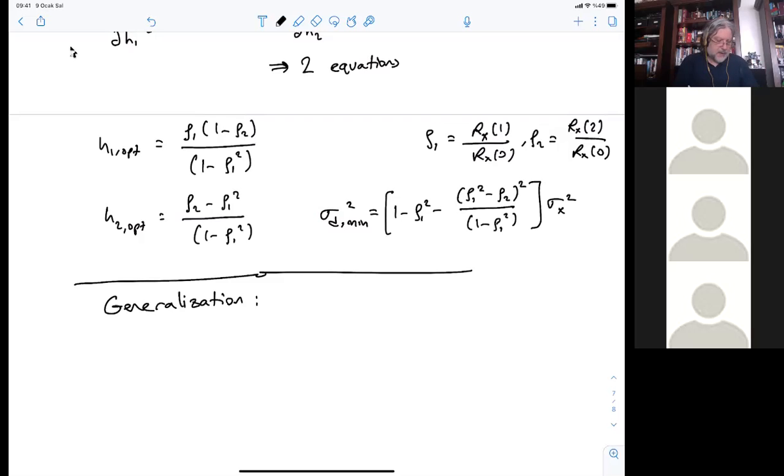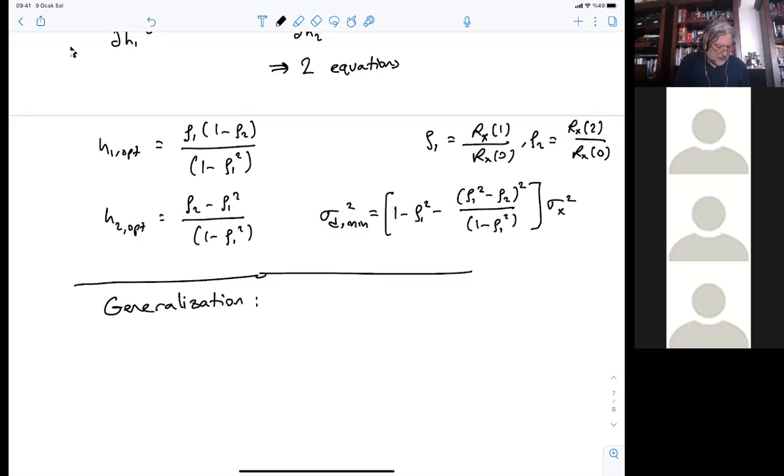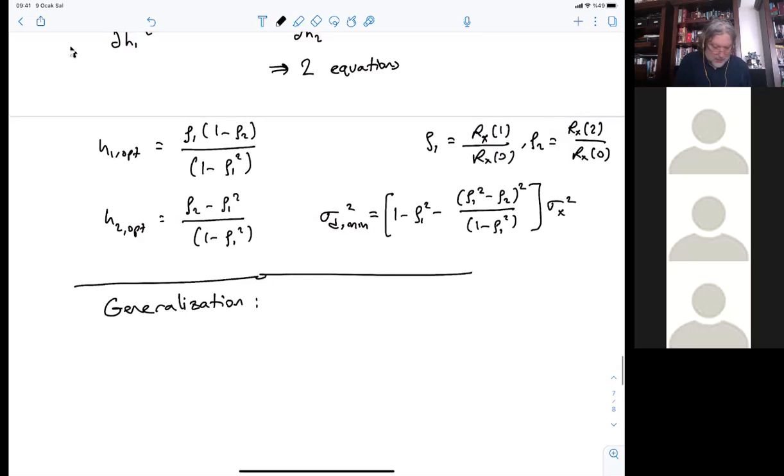We have a system which makes the prediction: x of n goes into a delay.